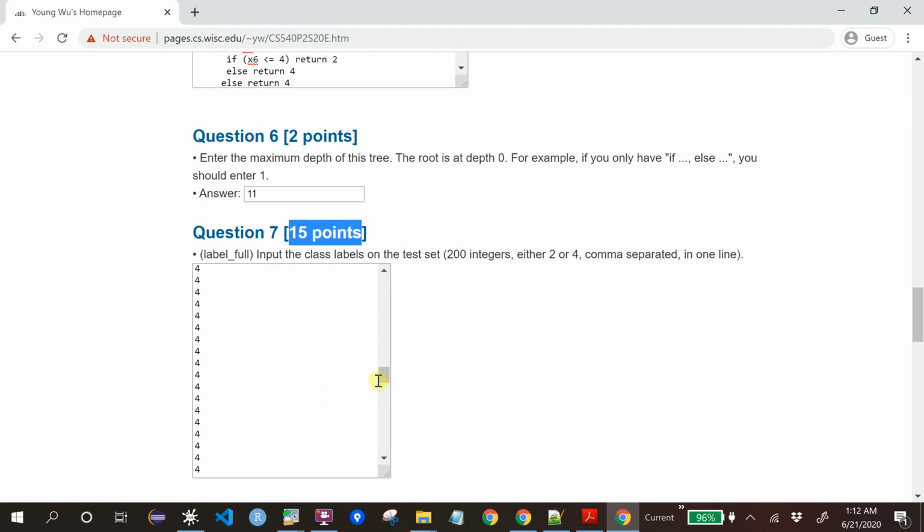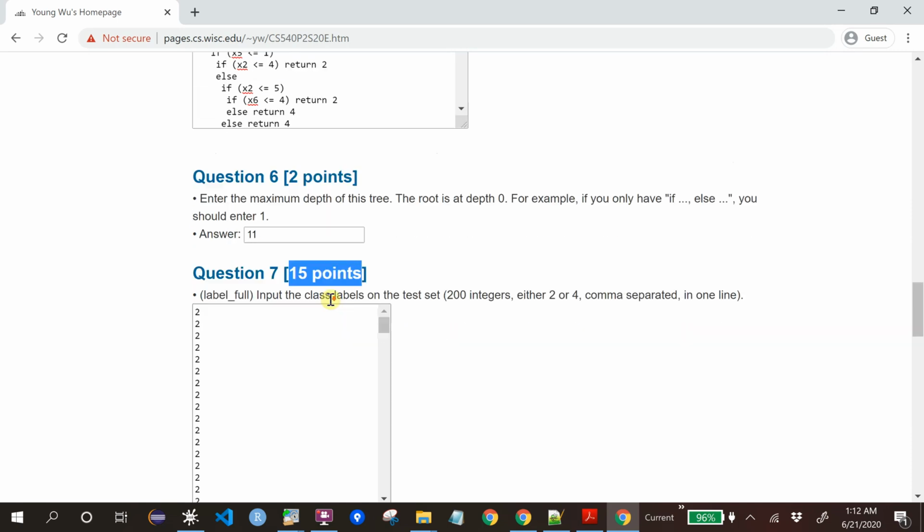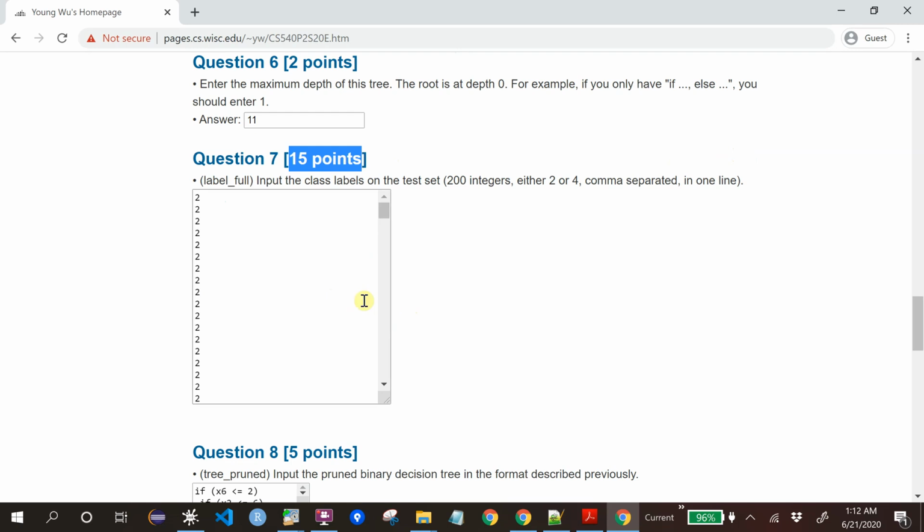If your tree is very inaccurate, with less than 95% accuracy, then you will lose some points. I think it's 50%, 75%, 85%, 90%, and 95%, each worth 3 points. That's how I grade question 7.